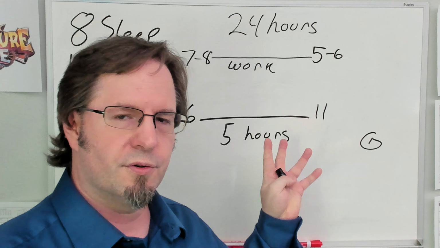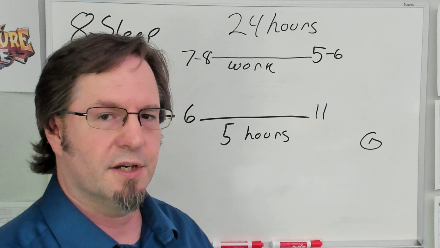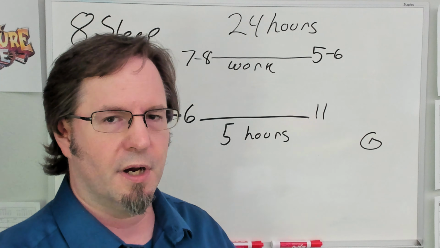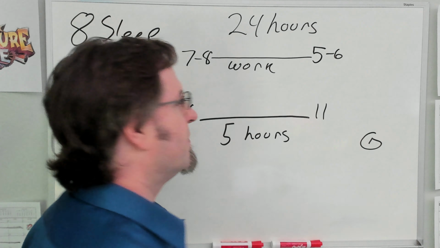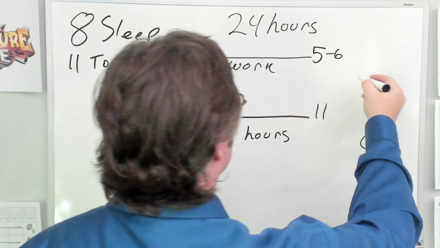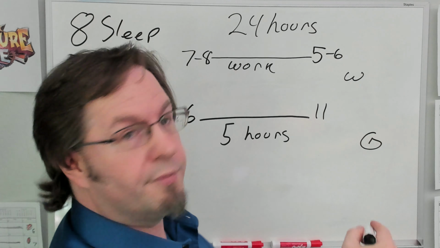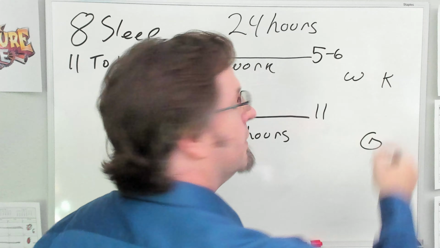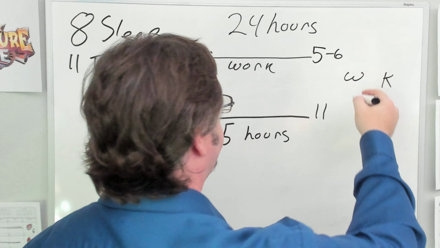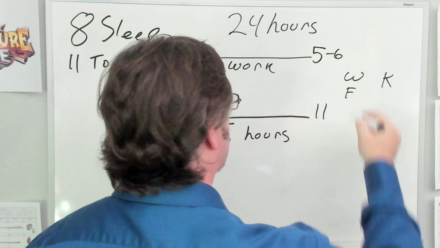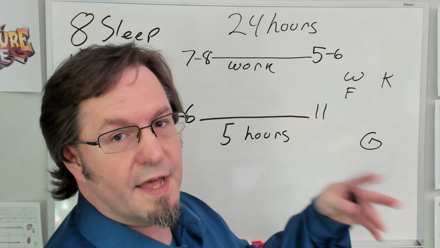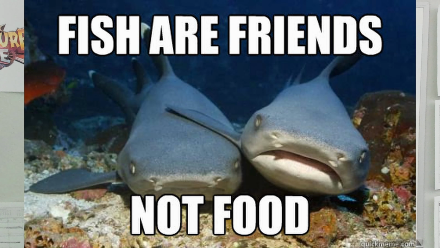We're going to also need to put some other things in here because we have lives other than game design. Maybe we have wife, kids. That can be food, that can be friends. We'll get into that.